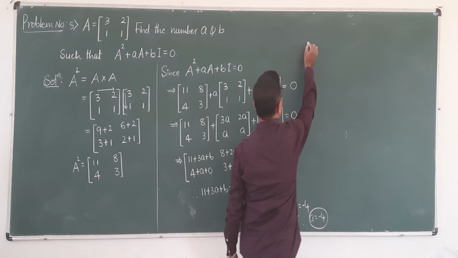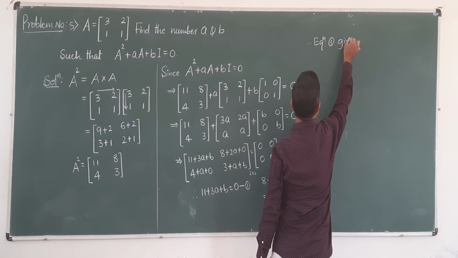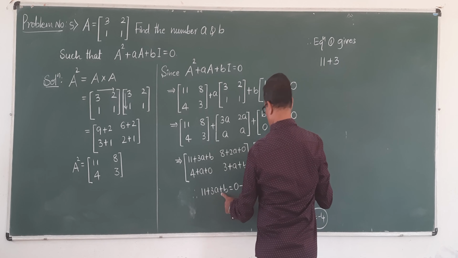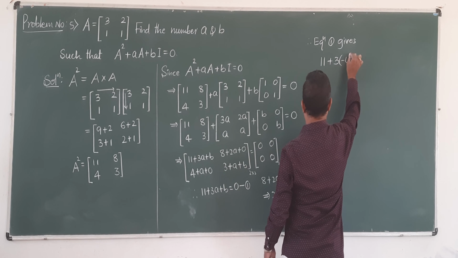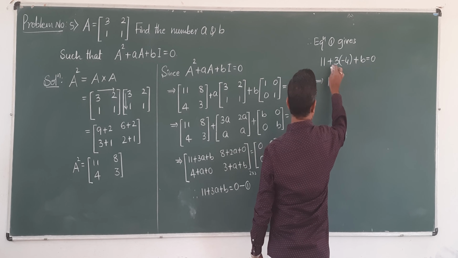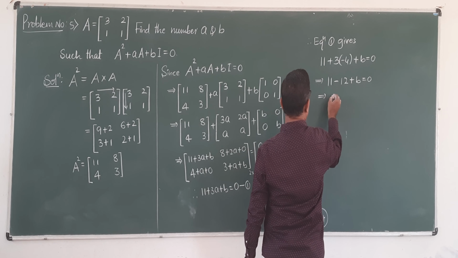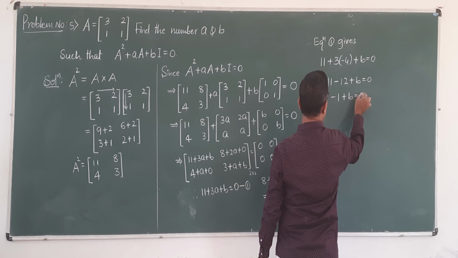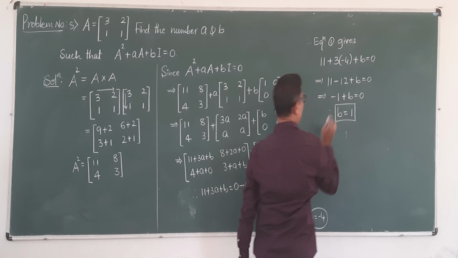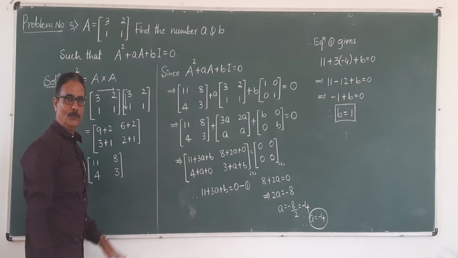Therefore equation 1 gives 11 plus 3a, where a is minus 4, plus b is equal to 0. 11 plus 3 times minus 4 is minus 12, plus b is equal to 0. 11 minus 12 is minus 1, plus b is equal to 0. Therefore b is equal to plus 1. So a value is minus 4, b value is 1.